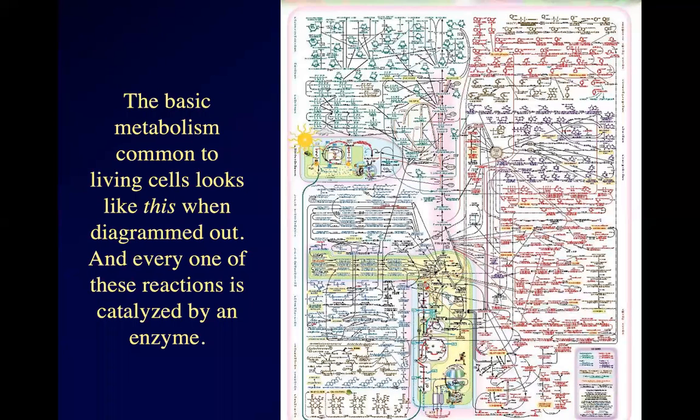And every one of those black lines is catalyzed by an enzyme. And all of these reactions are what your cells have to do in order to process the nutrients that they get and convert them into the molecules that it needs. This is everything your cells have to do to carry out metabolism.